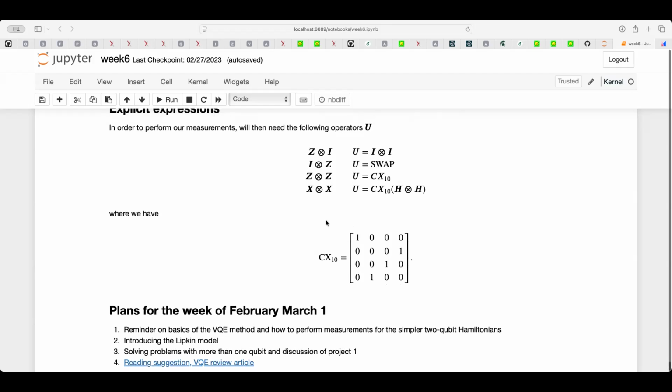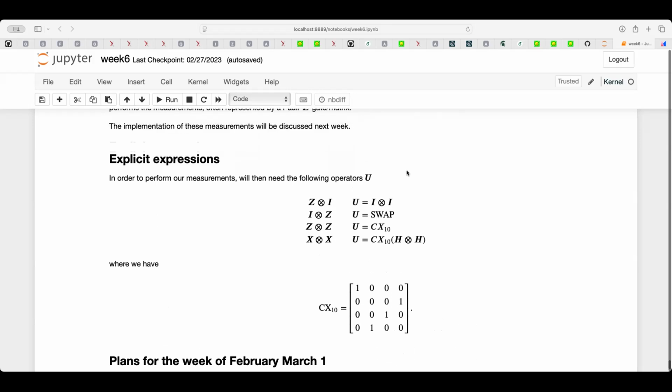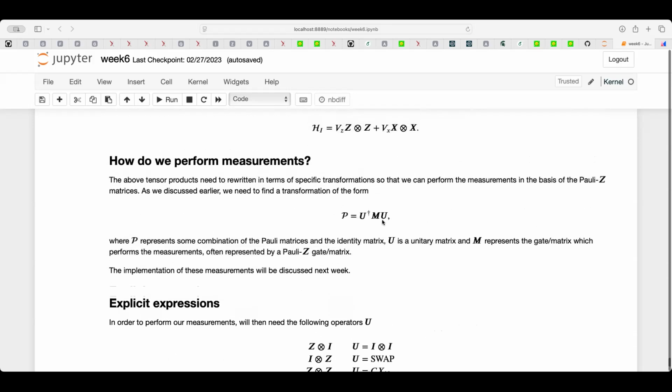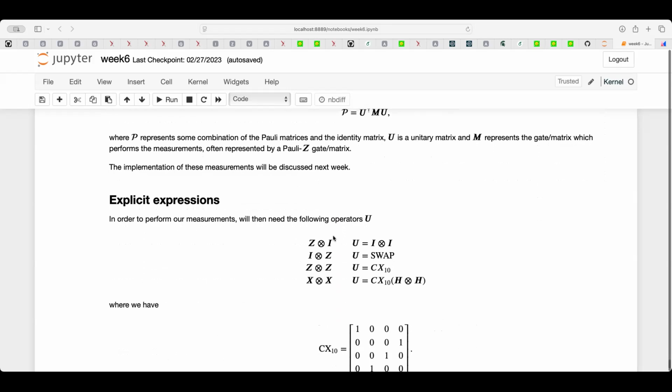So I just want you now to show that if you take these definitions of these matrices and perform these operations, where M is just a Pauli Z gate, if you do that, you will get a Pauli Z gate set of operations where Z is applied to the first qubit only.